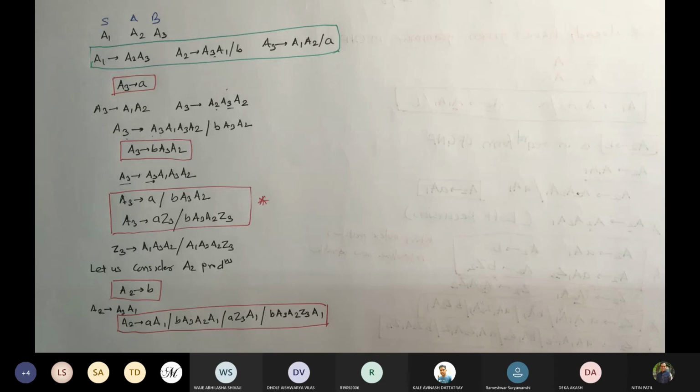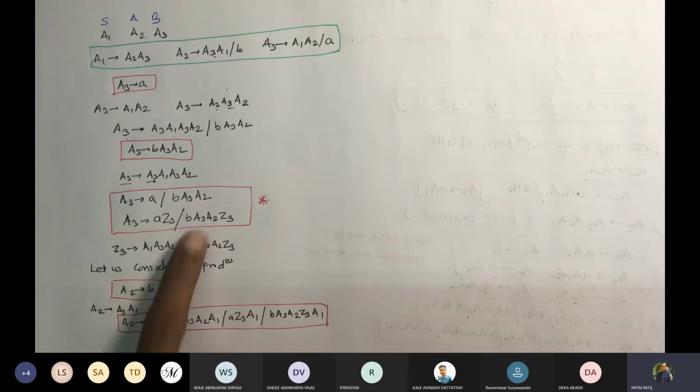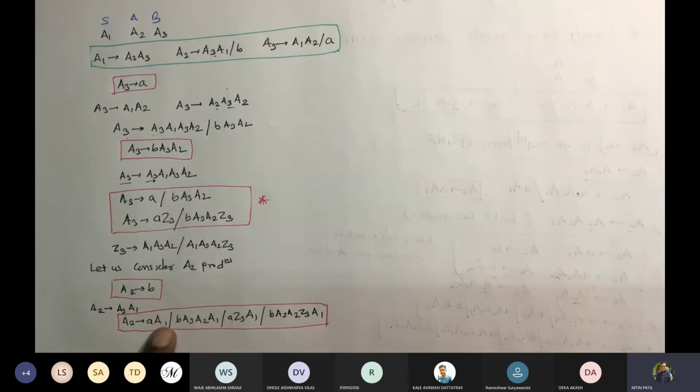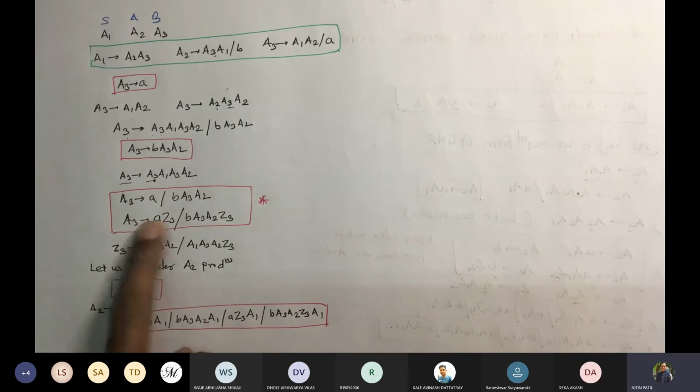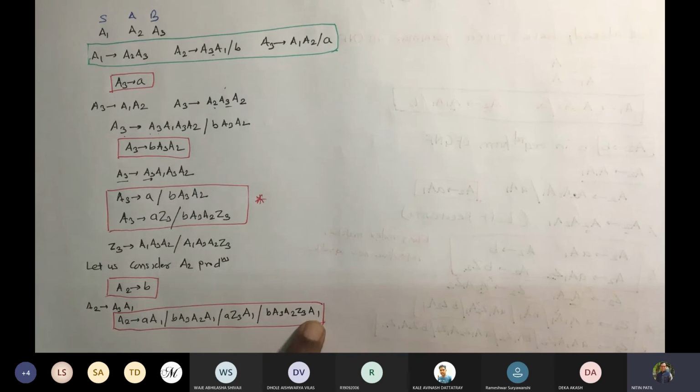What I did is replaced all A3 values. A3 कितने वैल्यूज थे, 1 2 3 4. So I added them here. So I wrote this A1 as suffix for A, then B A3 A2, B A3 A2 A1, A Z3 A1, B A3 A2 Z3 A1.